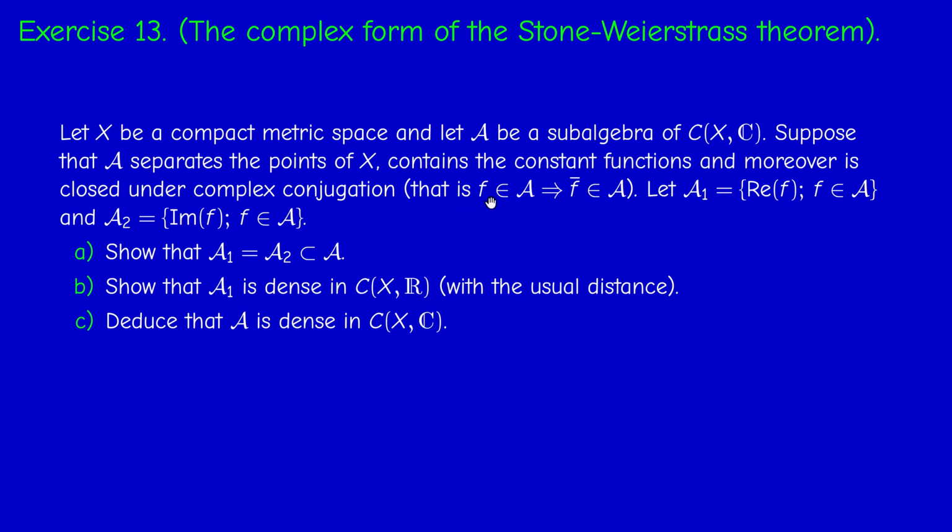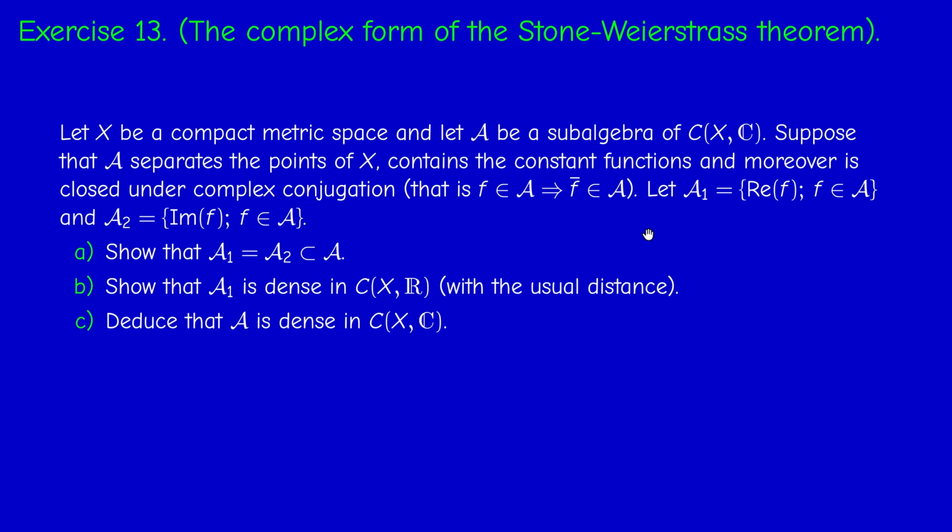So if f is an element of the subalgebra, then its conjugate should also be an element of the subalgebra. And this 4th condition was not satisfied in the previous exercise because the conjugate of a polynomial in Z is not a polynomial in Z, it's a polynomial in Z bar.